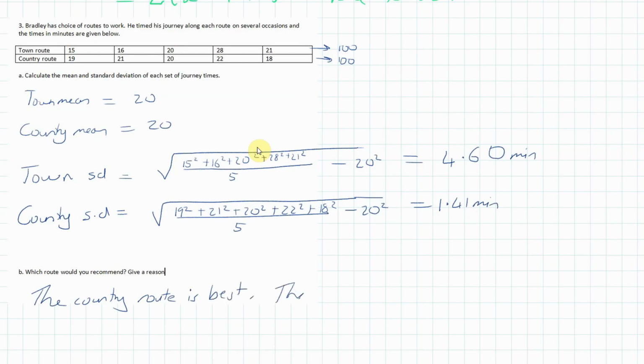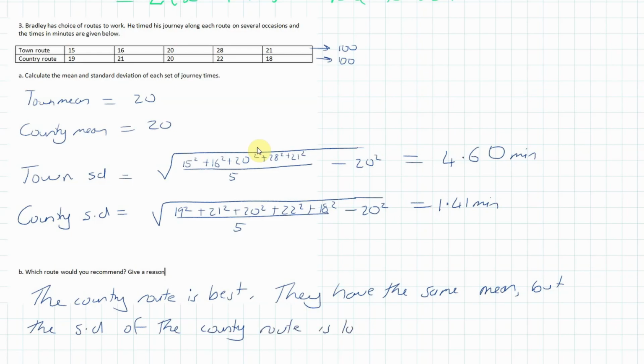Well, they have the same mean, but the standard deviation of the country route is lower, meaning the route has more consistent times.